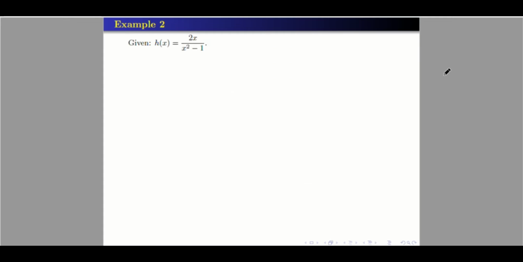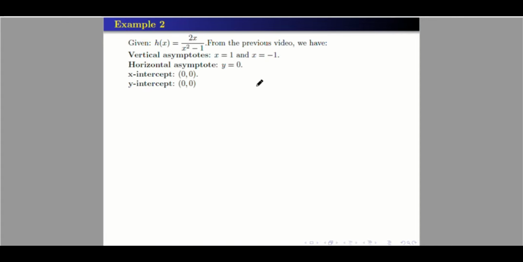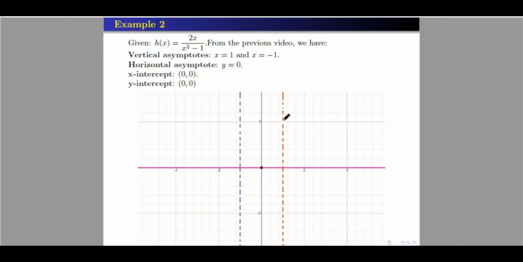Okay, next, let's try example 2. So from the previous video, we have this horizontal asymptote, vertical asymptote, and the intercepts. So our vertical asymptotes, we have two, the x equals 1 and x equals negative 1. Our horizontal asymptote is y equals 0, or the x-axis.